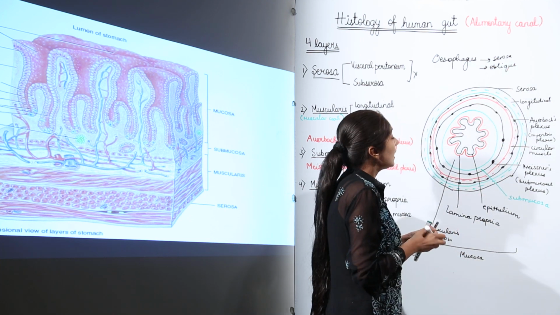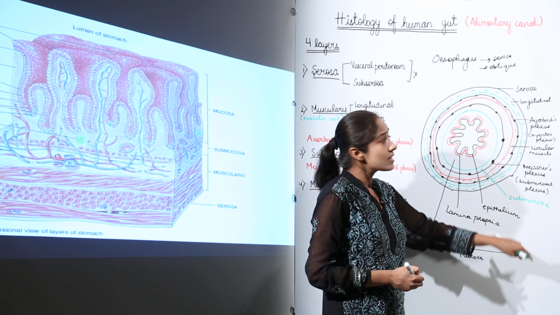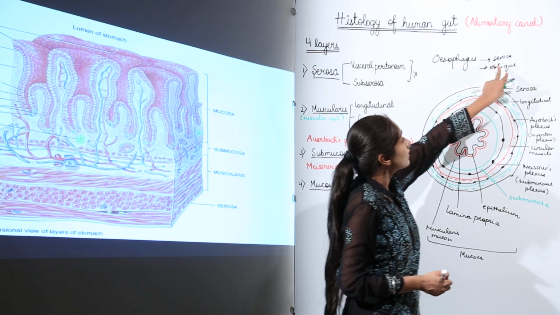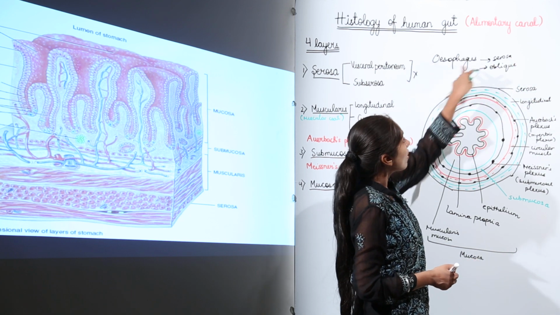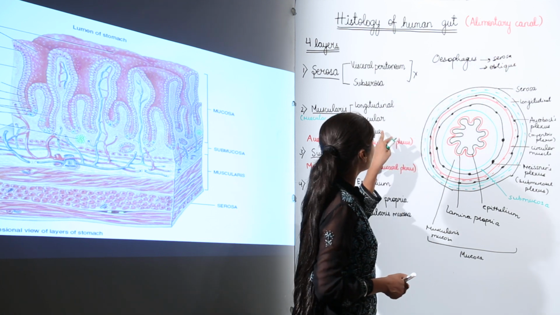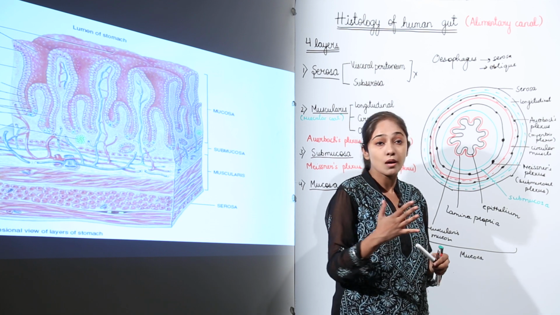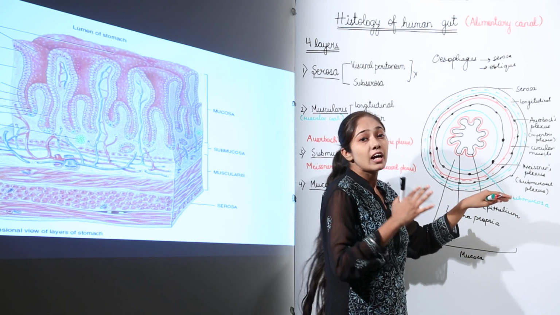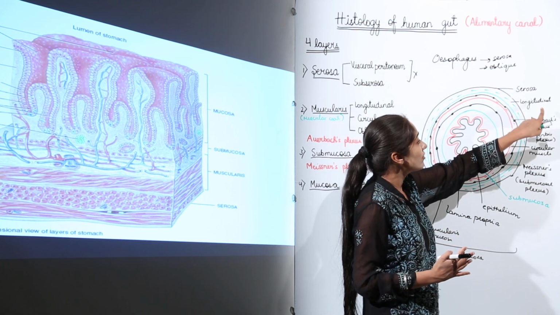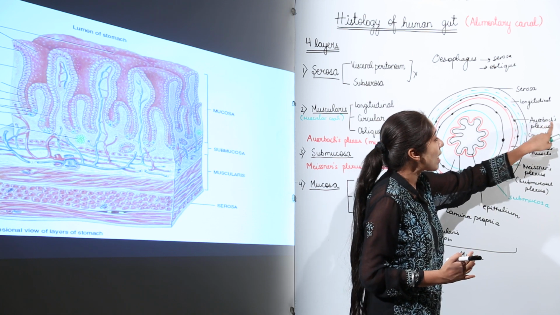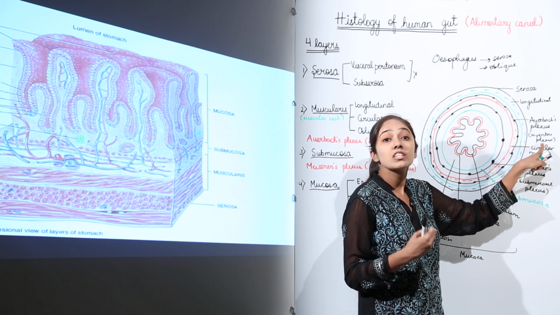So, if you need to draw the TS of the esophagus, you have to draw just as it is, but remember that you need not draw the first layer, that is the serosa layer, because it is not there, and the oblique muscle layer need not be drawn because it is only in the case of stomach. So, as a whole, if you are asked to draw the transverse section of human gut, you can draw it like this: serosa, then we have the longitudinal muscle layer, then we have this Auerbach's plexus, which we can also call myenteric plexus, which controls peristalsis.